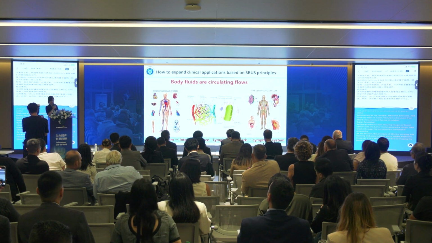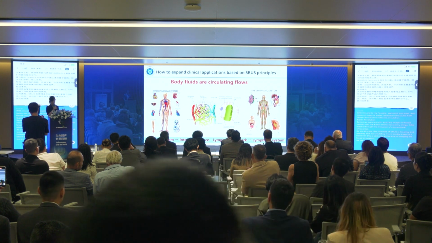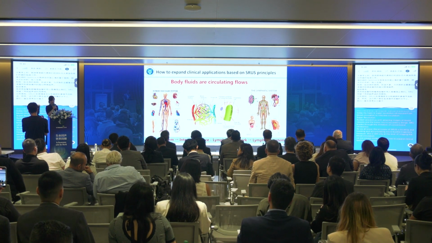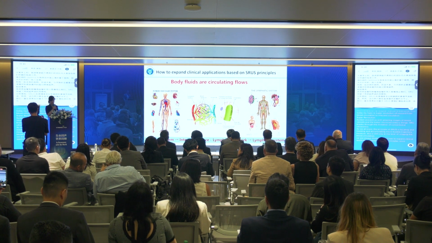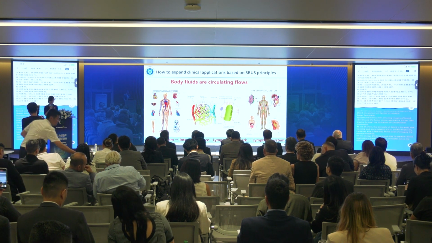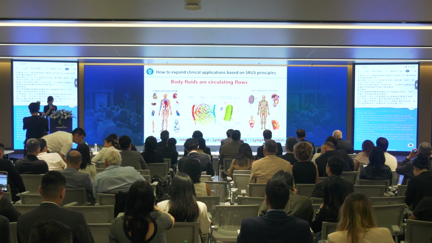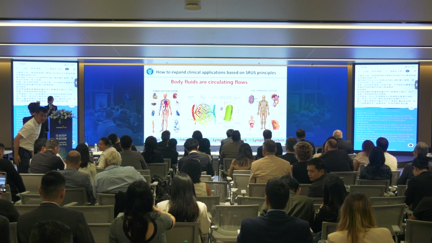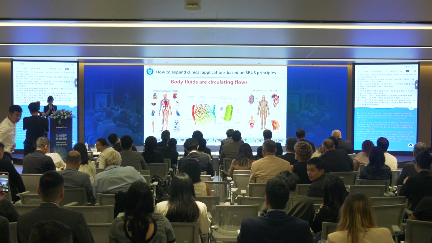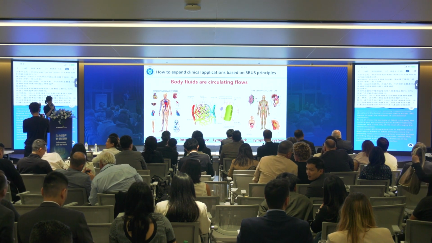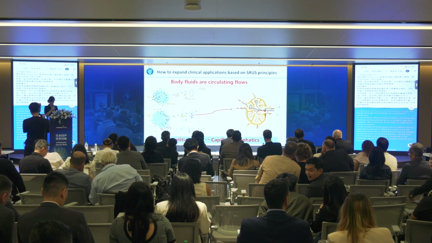We are always thinking about how to expand clinical applications based on SRUS principles, since the body fluids are circulating flows. The vascular system, including blood vessels and lymphatic vessels, communicate and exchange substances in the interstitial space through the capillary network and the capillary lymphatic network.